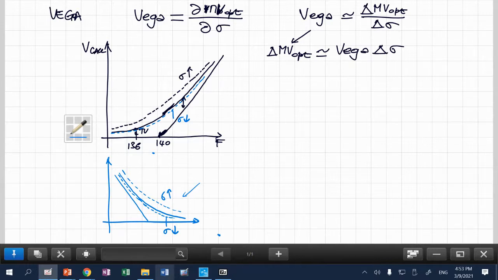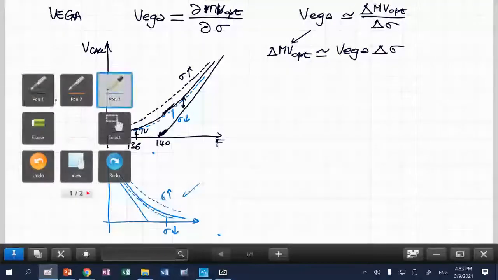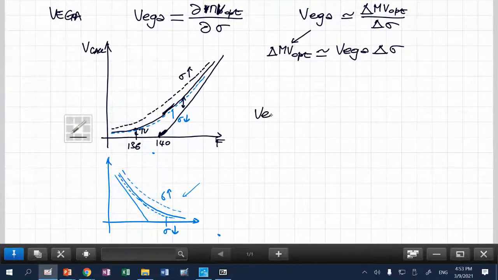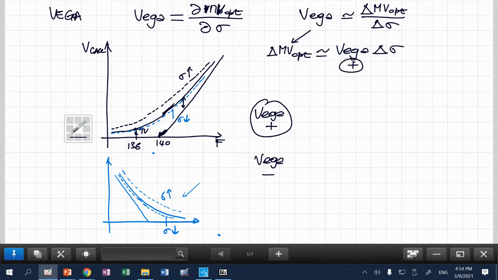This is important to capture super easily: the meaning of being Vega positive and being Vega negative, and who the guys are who are Vega positive rather than Vega negative. Being Vega positive means that if you have a plus here, the case in which you make money, so in which the change of your market value of the portfolio is positive, is when volatility goes up.